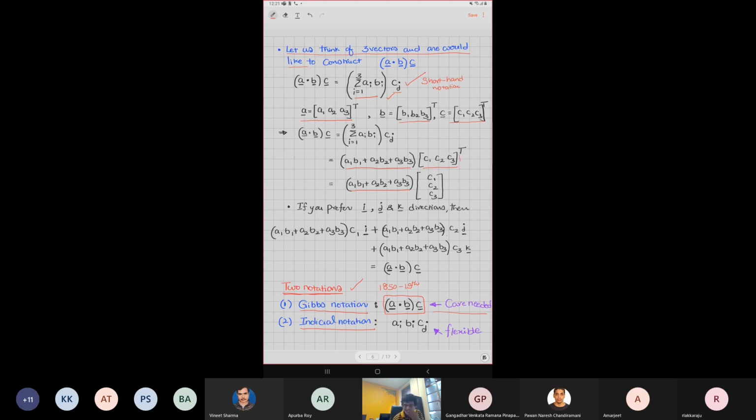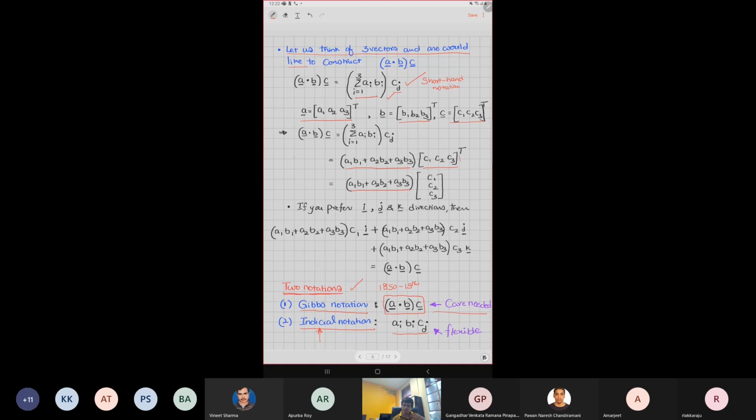After the 1900s, people started going with indicial notation, where you don't really care about dot, cross, and so on. Everything you talk about in terms of scalars, the values, and you just use an index. A dot B C is a_i b_i c_j.